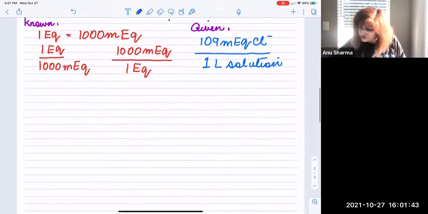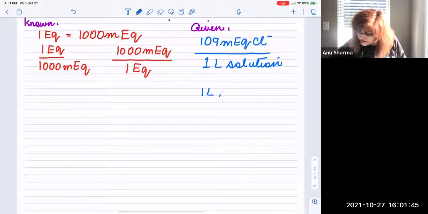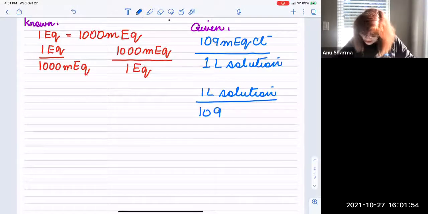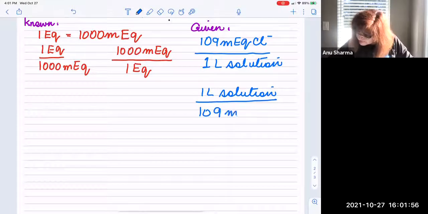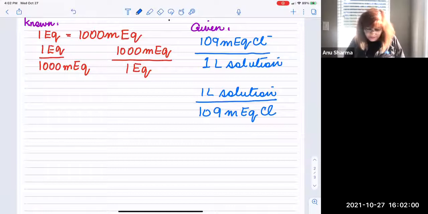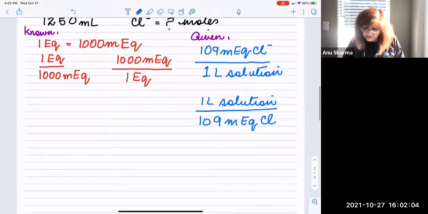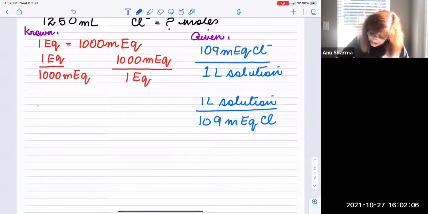Another conversion factor is 1 liter of solution over 109 milliequivalents of chloride ions.